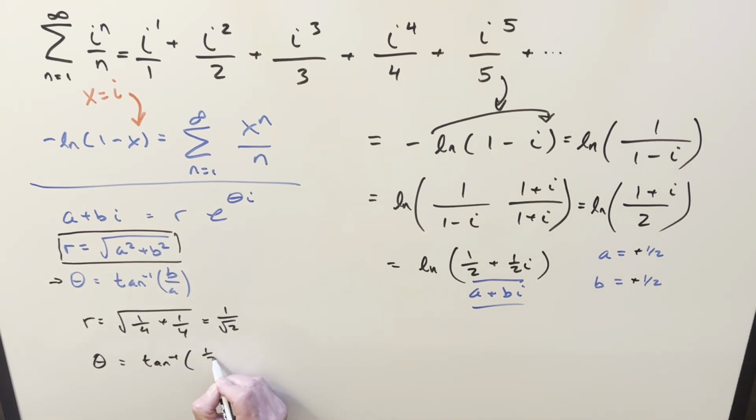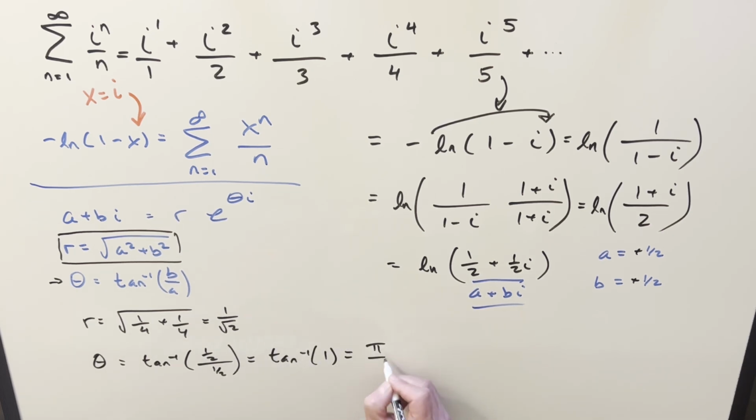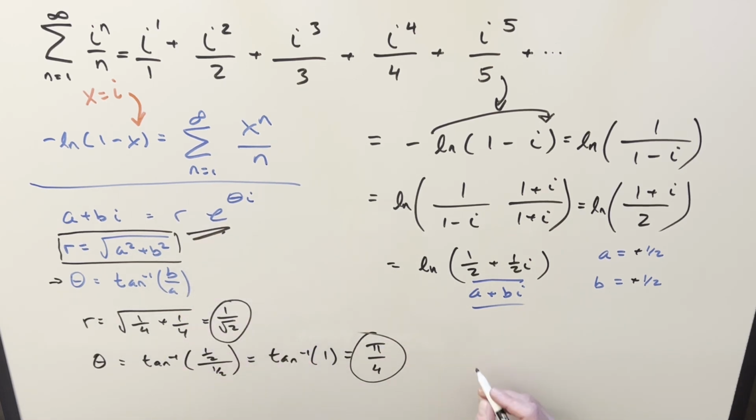So what we're left with here is 1/2 over 1/2, but this is just going to be arctan of 1, and for that value we've just got pi over 4. So then we've got our r value, we've got our theta value, we go back to our formula for a plus bi. What's going to happen is we have 1 over square root of 2 e to the theta i.